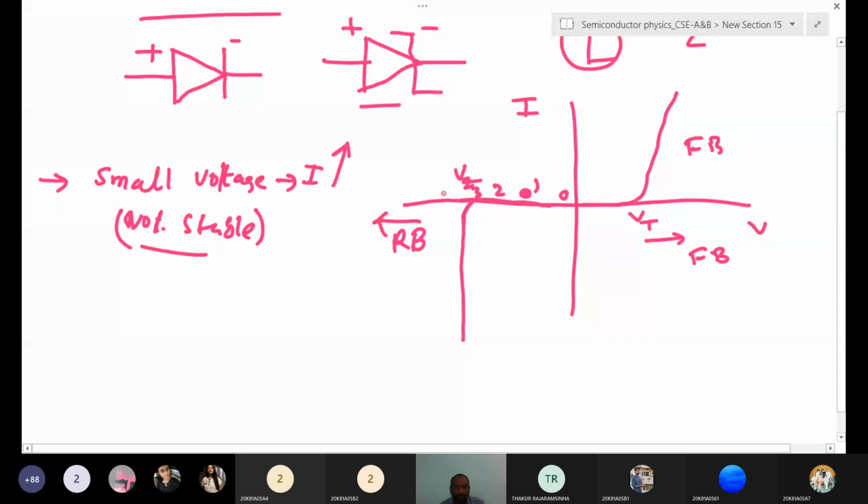For a small change in voltage, we observe a huge current in the device.